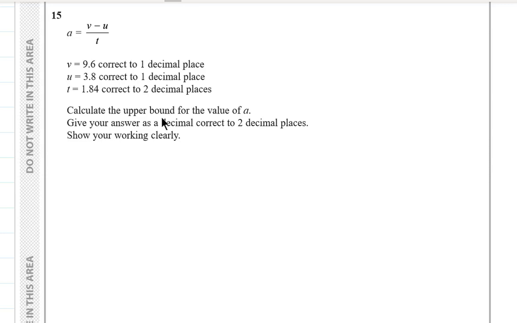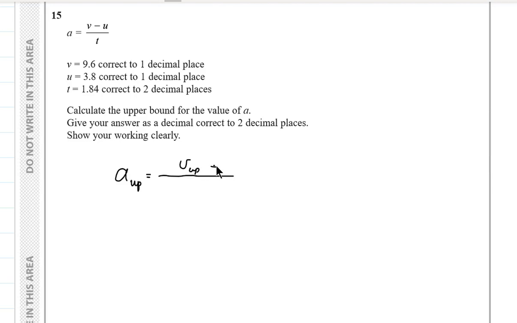Calculate the upper bound of the value of a, correct to 2 decimal places. Okay, so we write the following. The required is to get a as an upper bound. V is in the numerator with positive sign, so of course we will take the upper bound of v, minus u.